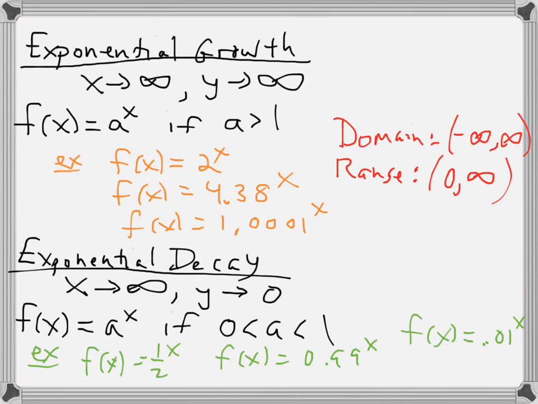Okay, we'll do one more graphing example. Throw out our cool chart here, and maybe a little bit more complicated graphing type problem. Let's try graphing f of x is going to be 3 to the 2x minus 1.